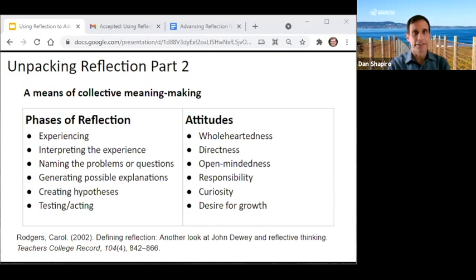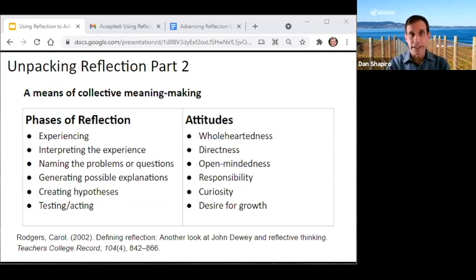Interpreting the experience. Naming the problem or question. Generating possible explanations. Creating hypotheses. Testing and acting.